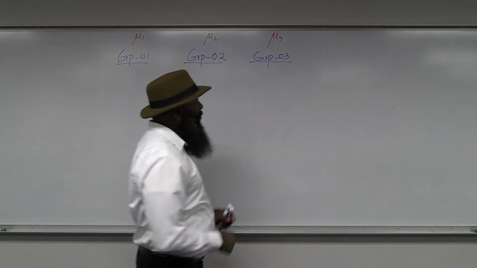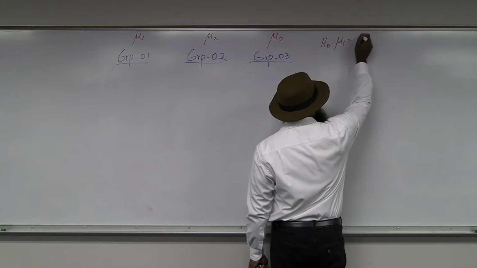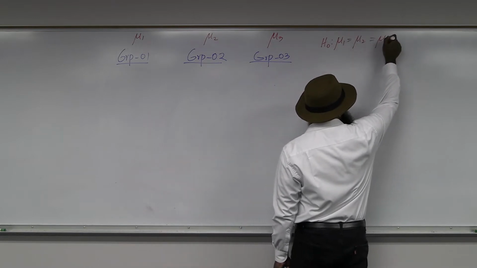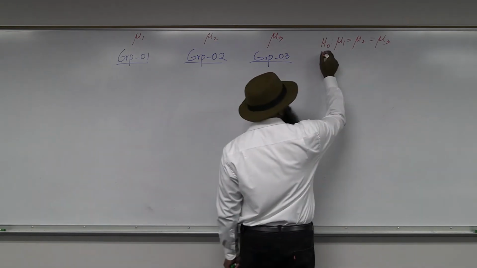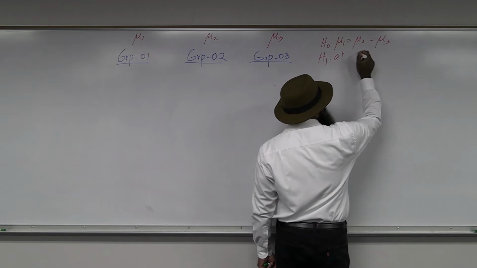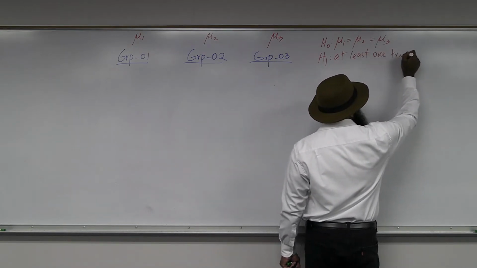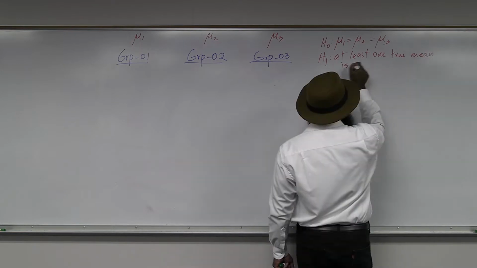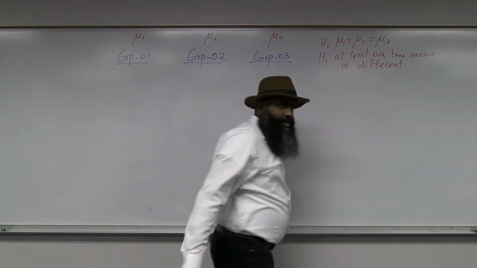Of course, our null hypothesis will be mu1 equals mu2 equals mu3 for this case. The alternative hypothesis will be at least one true mean is different from the other true means.